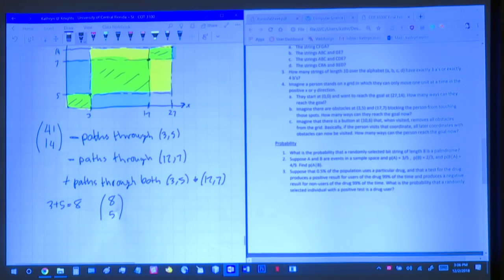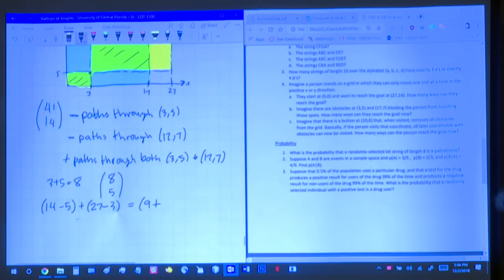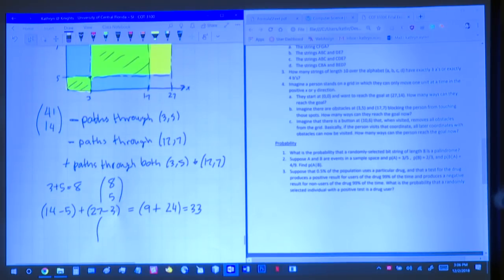And all the paths that go from 5-3 to the end would be 14 minus 5 plus 27 minus 3, so that would be 9 plus 24 equals 33, and then we'll choose 9: 33 choose 9.